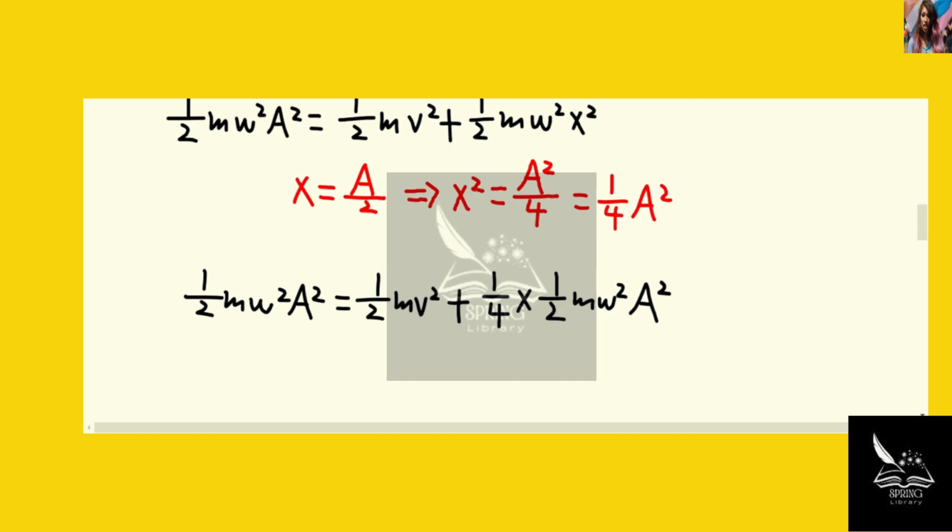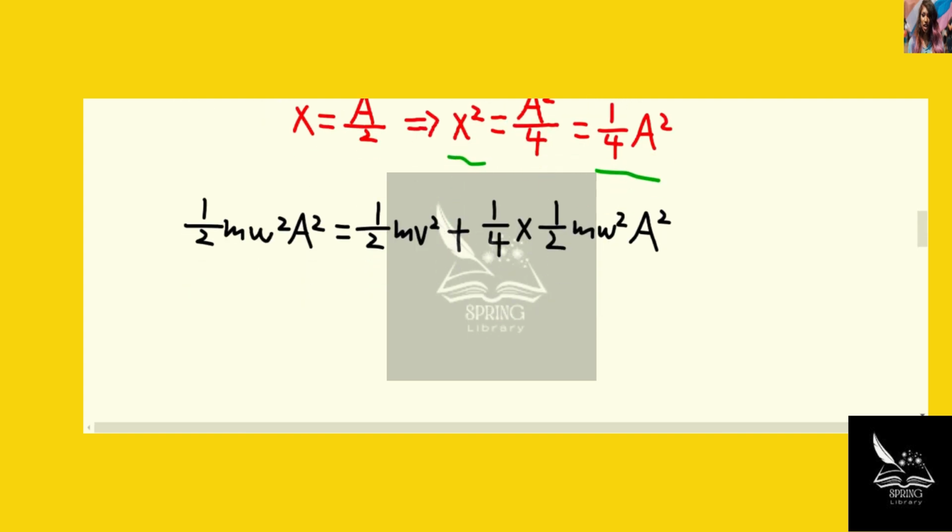Okay? Because remember, x squared is equal to 1 over 4 a squared. So therefore, the elastic potential energy is equal to 1 over 4 of the total mechanical energy.